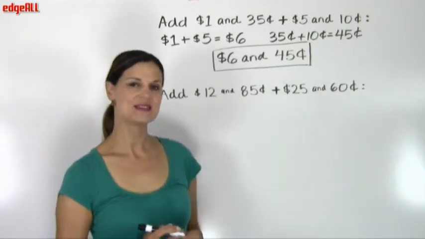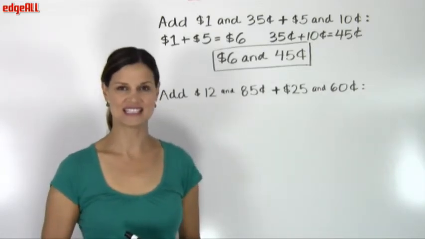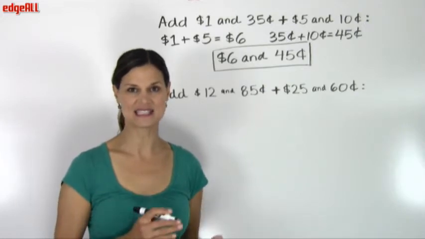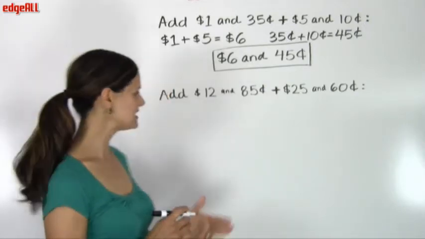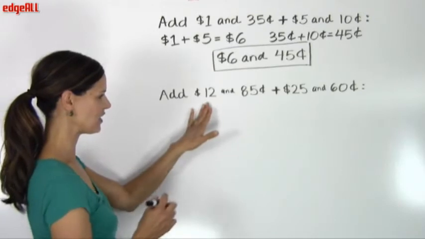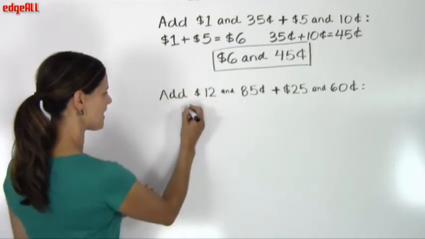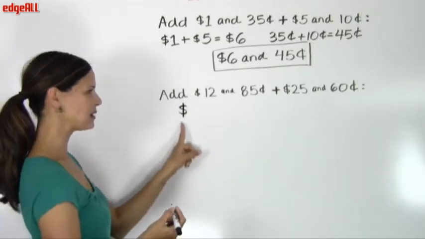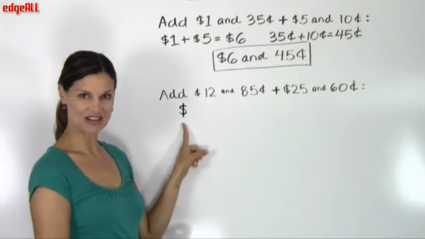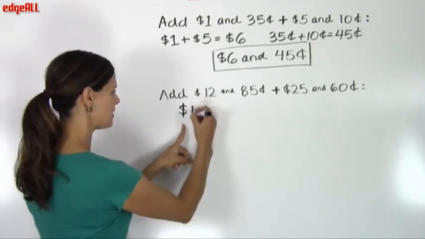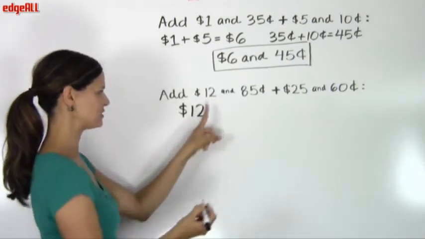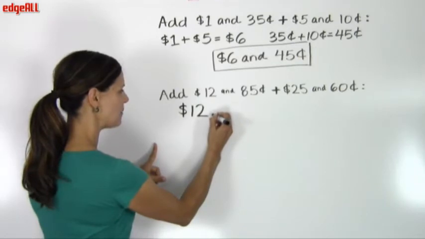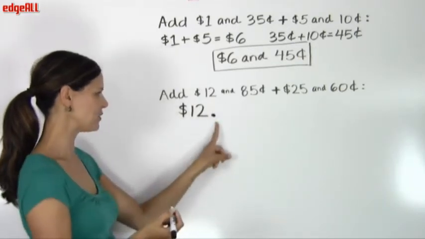$25.60. So what we want to do first is we want to write each of these amounts using the decimal point form. And so we're going to start here with our $12.85. And to put that in decimal point form, we put our dollar sign out in front, and then we put our dollars amount, which in this case is 12, and a point right after the 12.